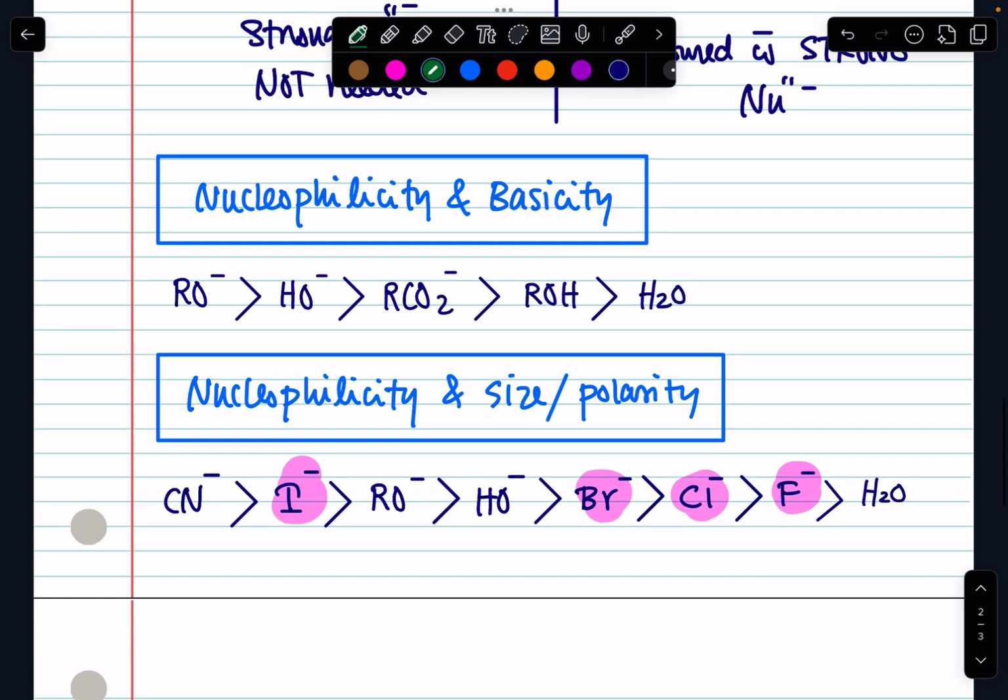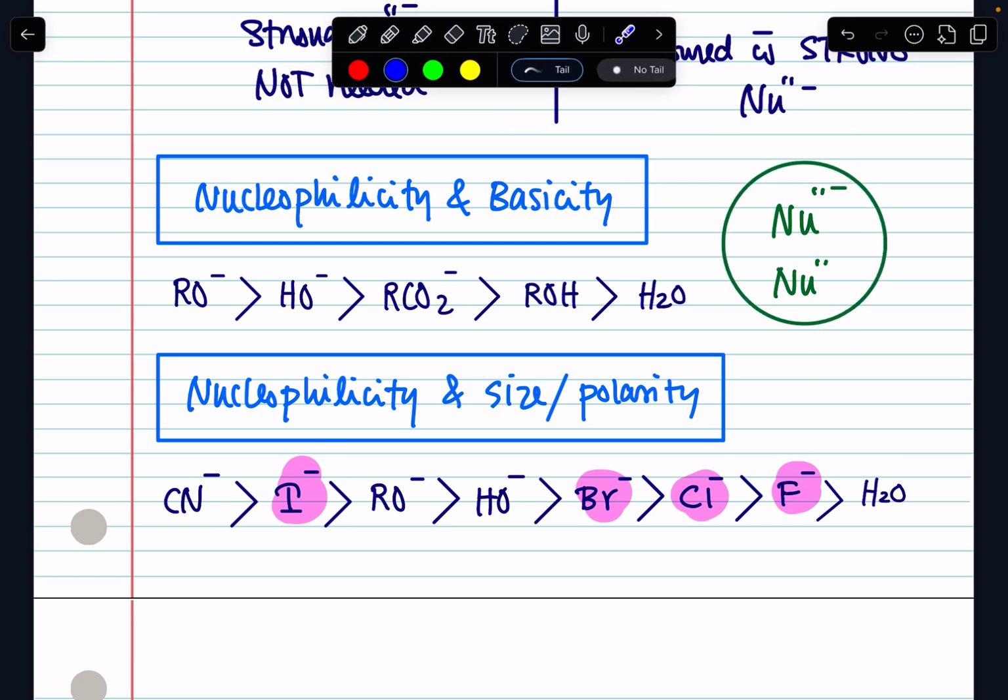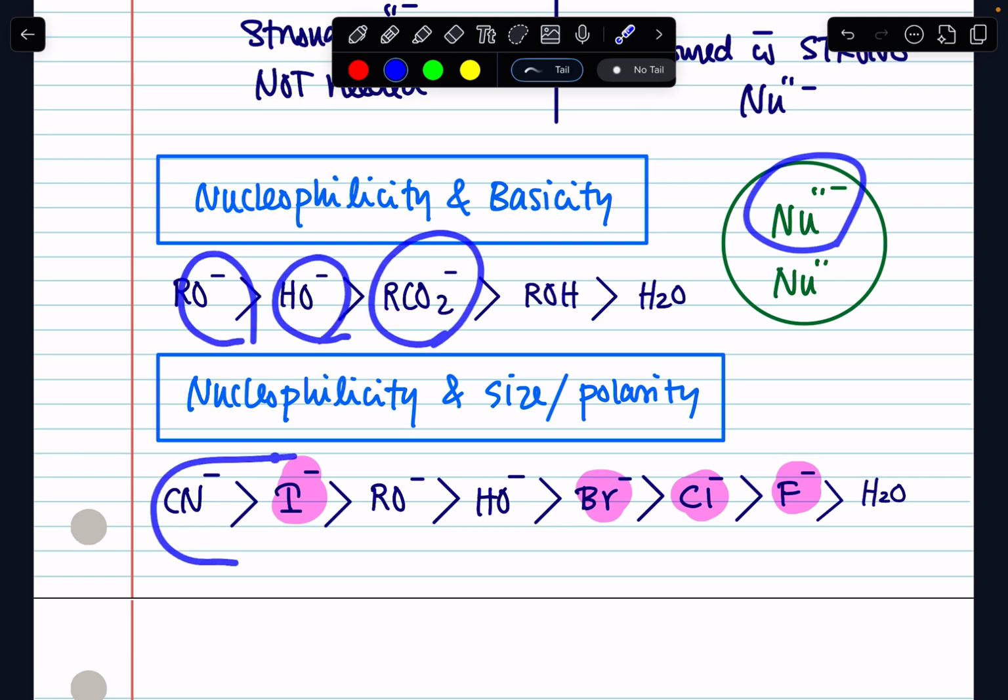Sometimes when we show nucleophilicity, guys, we put Nu with a double dot and a minus. Sometimes we put it like that. If you see in the textbooks Nu for nucleophile, this double dot here represents an excess or extra electron pair. If you're NO minus, you're thinking something like this.